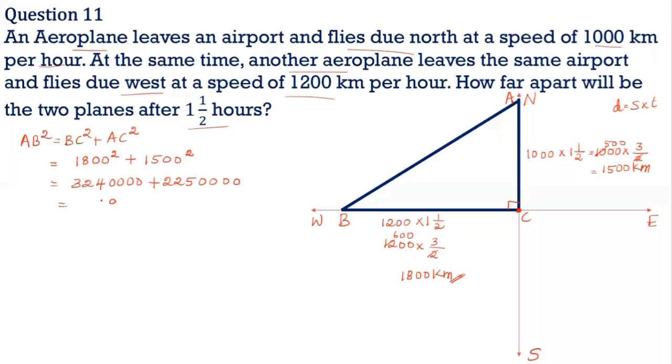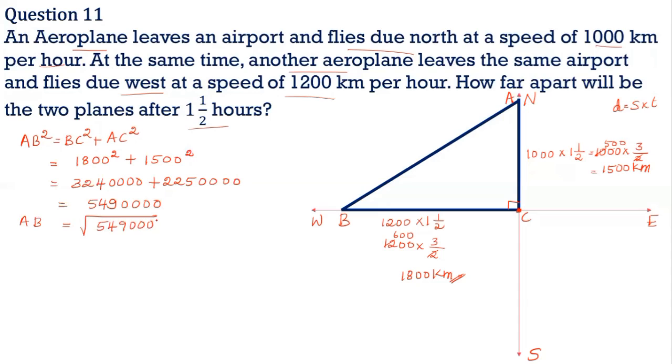So 324 plus 225 is 549 and 4 zeros. 54,90,000. Now AB is equal to square root of 54,90,000.